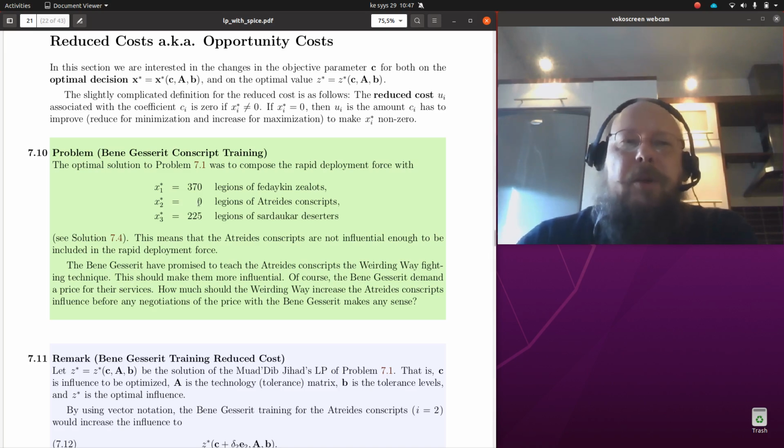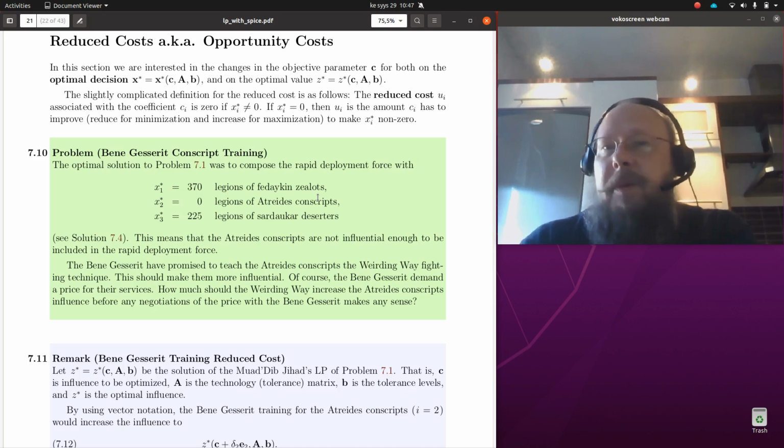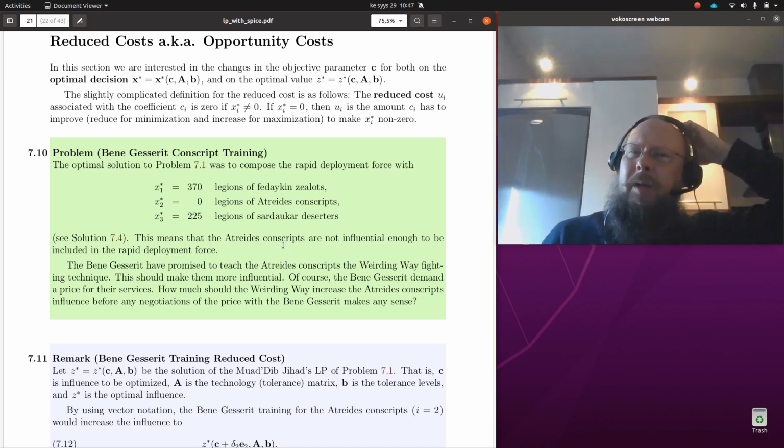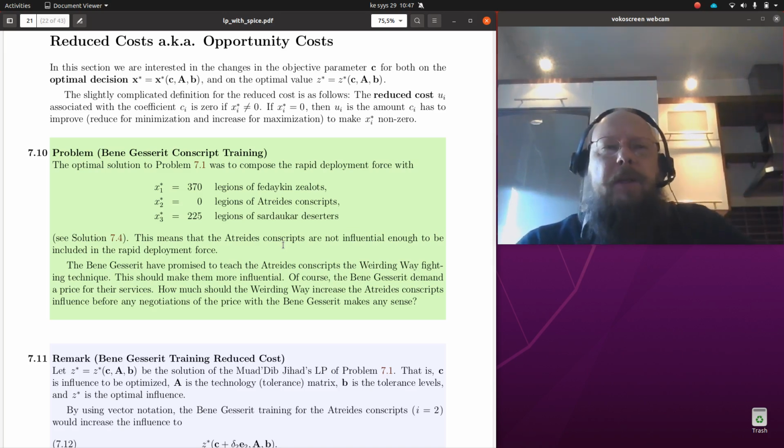Okay, but of course the 0 here somehow stands out. So there will be no Atreides conscripts at all in this rapid deployment force. Okay, maybe this is fine, maybe we don't want to have them. But then, of course, it begs the question, why does this happen? One obvious reason is that they are not influential enough.